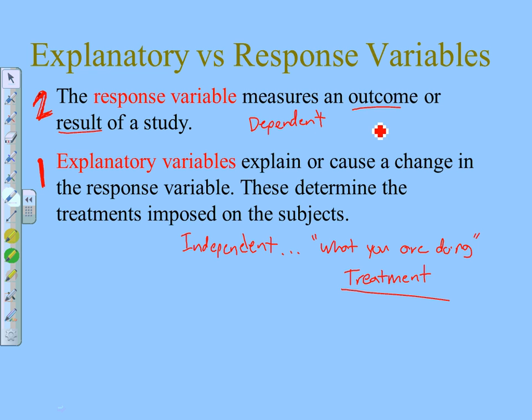This is what you are trying to show. Key way to remember this is you always respond secondly, so explanatory comes first, is what is being done. You respond to something, so that's second. Response is your outcomes.